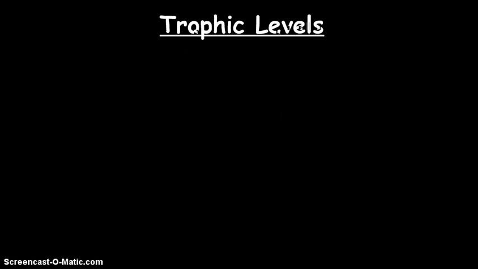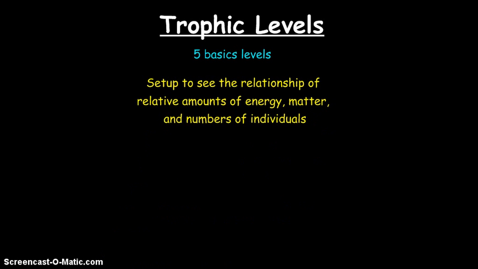In terms of trophic levels, trophic meaning feeding, the relationship of what eats what, again coming back to the idea that we introduced back in food chains and food webs. There are 5 basic levels of trophism, as we'll see here in terms of relationships. The trophic levels are set up to see the relationship of relative amounts of energy, matter, and number of individuals, and we can look at each one separately.